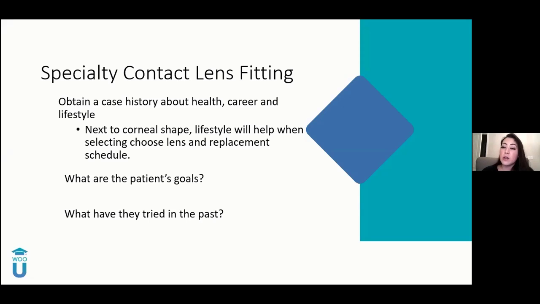Other times patients come in, they say, I tried corneal gas permeable lenses and I really liked them. And I liked that they were less expensive than some of the other designs. So then going down that path would be a great option for that particular patient. So there's a lot of different lenses that can be used for keratoconus patients, and they all have their place.